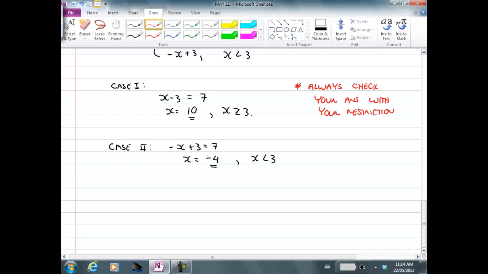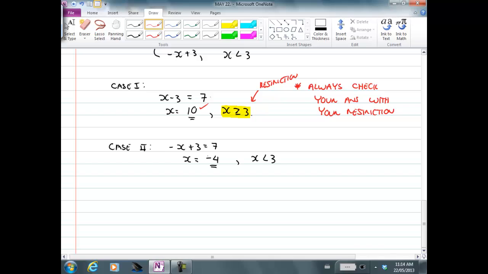I'm going to show you what I mean by this. Notice my answer is 10. This is called your restriction right here. Restriction means whatever I have, it better be bigger than 3. And 10 is indeed bigger than 3.